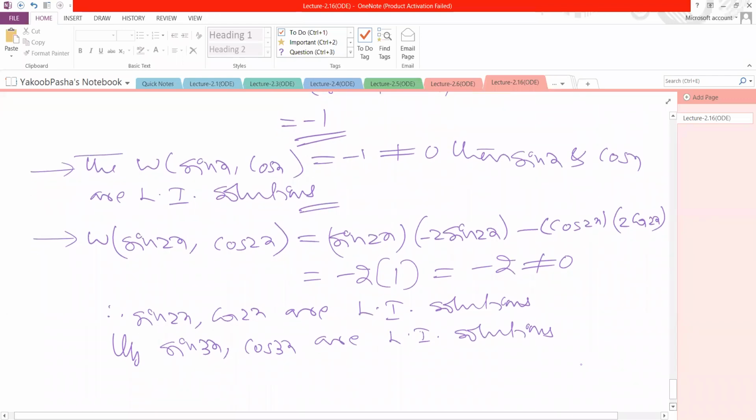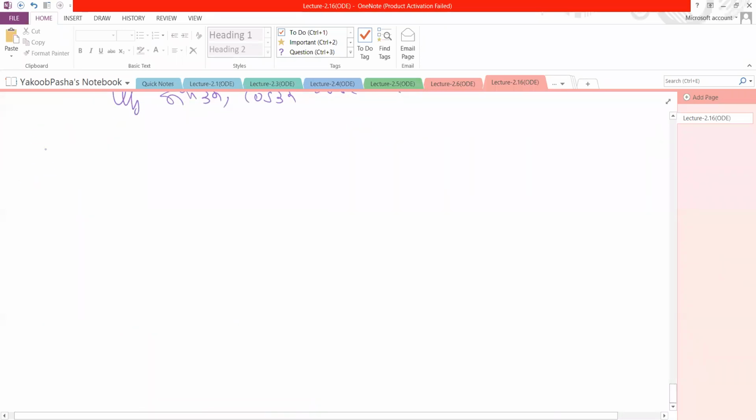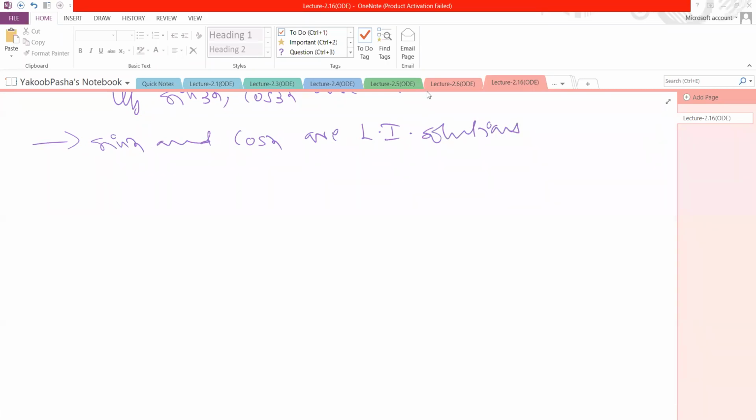Now if I observe here, sin x and cos x are linearly independent solutions. We know that already, we have done it, for the second order linear differential equation.